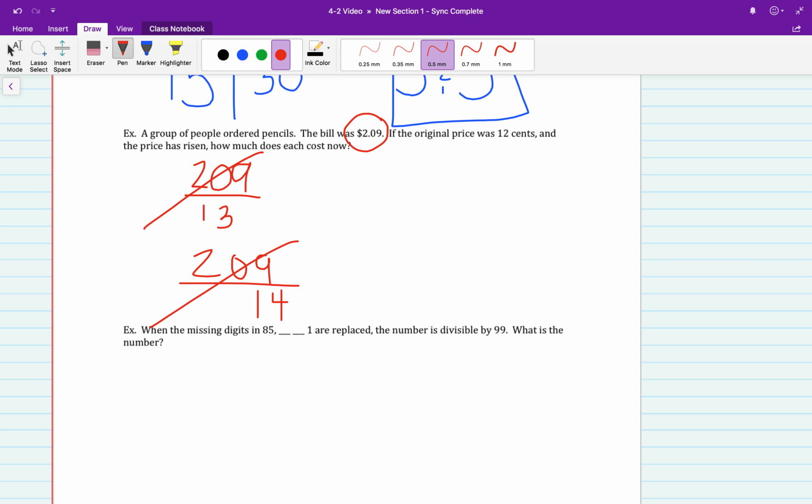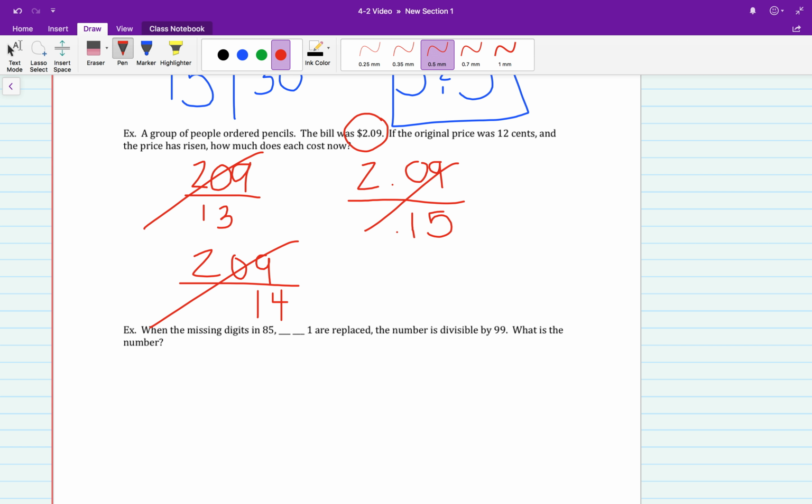Now, if you don't like the 209 and 13, you could just write it as $2.09 and write your cents as decimals. So like I'll try 15. $2.09 divided by my 15 cents. And this one is not going to work either. No, that gives me a repeating decimal. So I keep on going, dividing these. And if I keep going up and up, if I get to 19, it should work out fine.